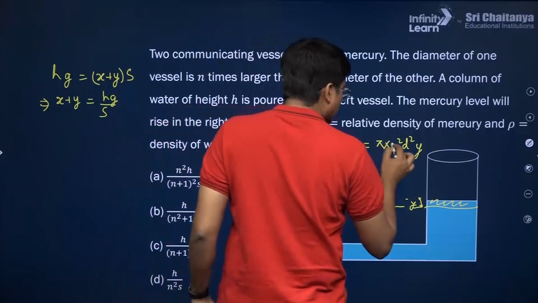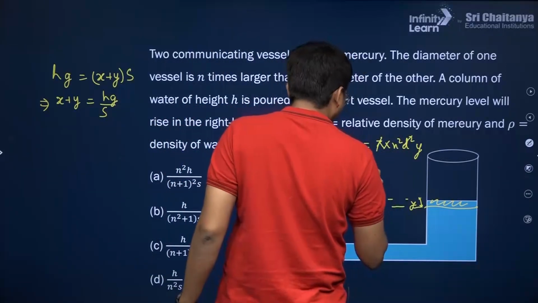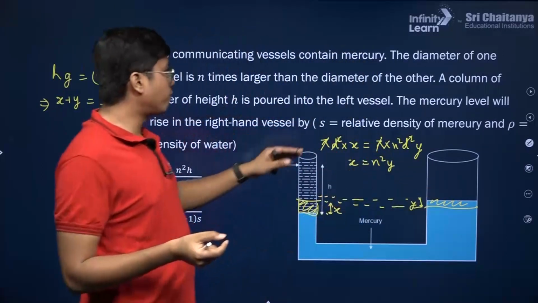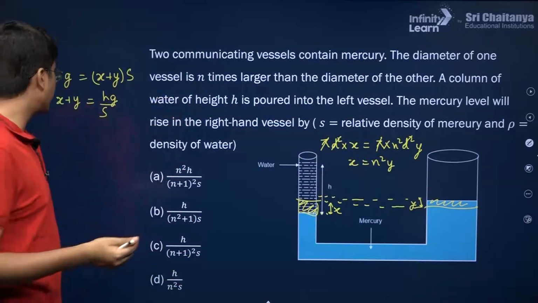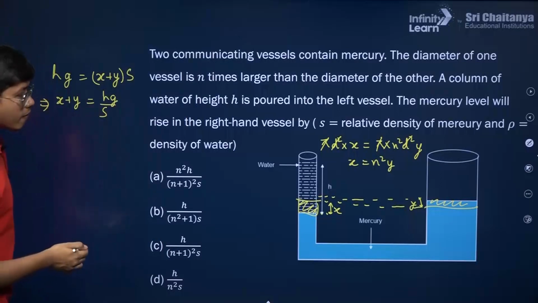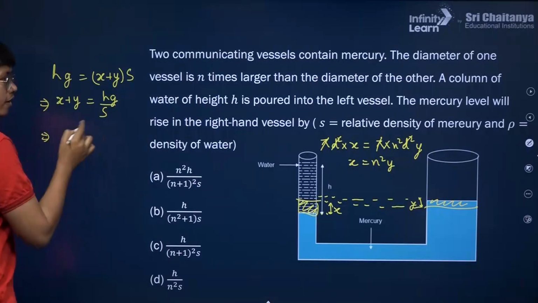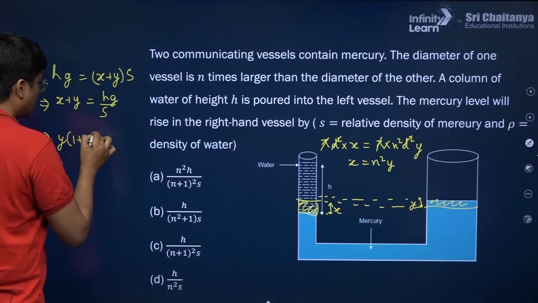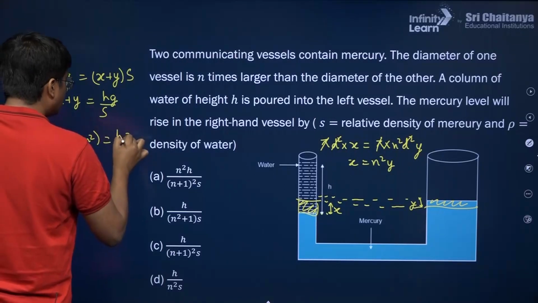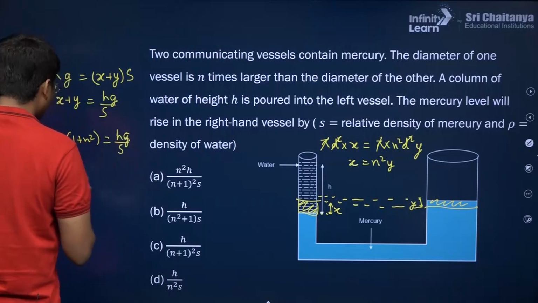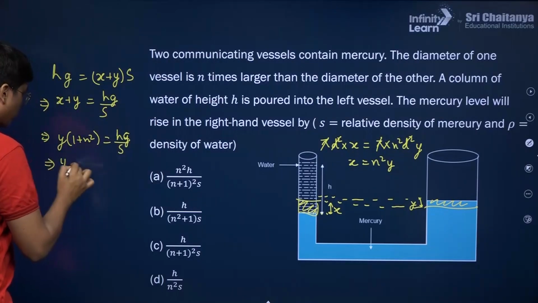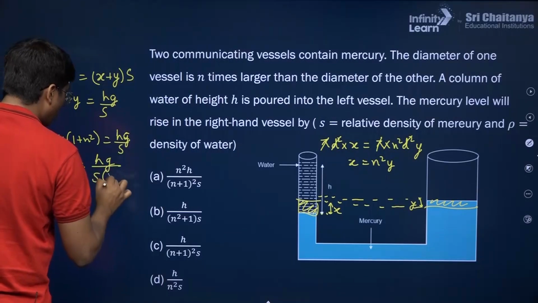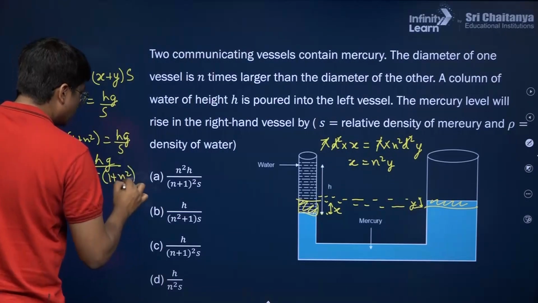Cancel out the pi d square, you have x is equal to n square y. Now this y is what I need to find out, how much did the mercury level rise by. So if you put that in here, you get n square y, right? So y into 1 plus n square is equal to Hg by S. So y is equal to Hg by S into 1 plus n square.